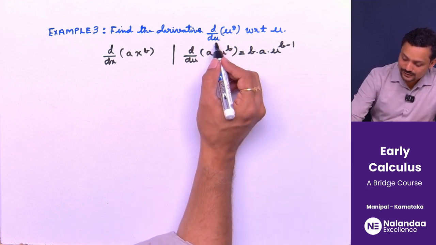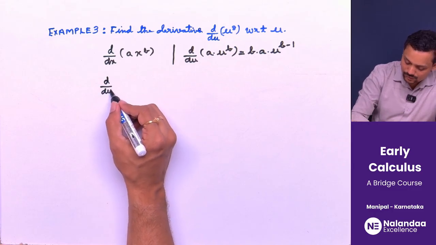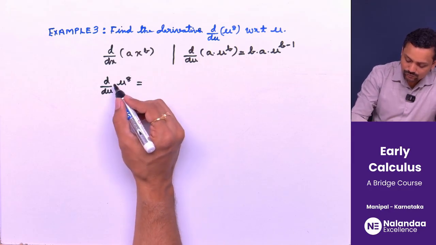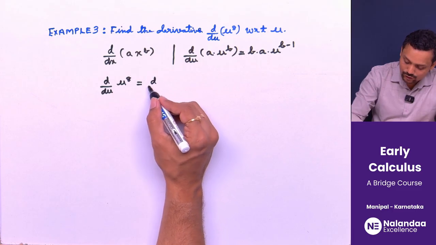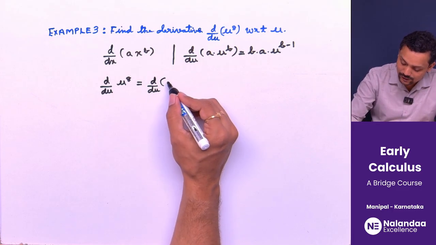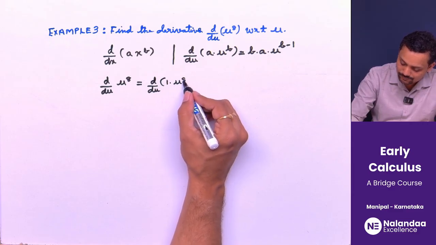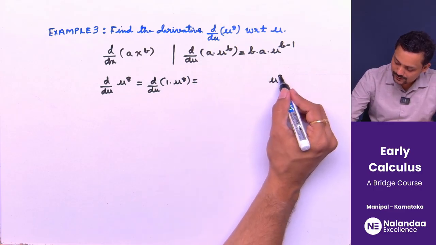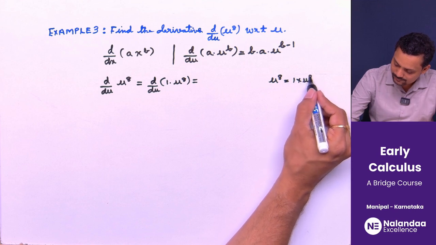So now let us try to differentiate this d by du of u power 8. Now when the constant is not seen here, you have to take the constant as 1. So this is d by du of 1 into u power 8, because we know u power 8 can be written as 1 into u power 8.